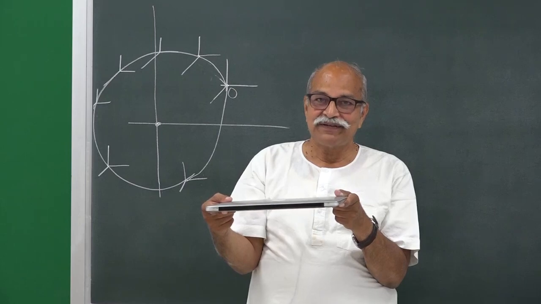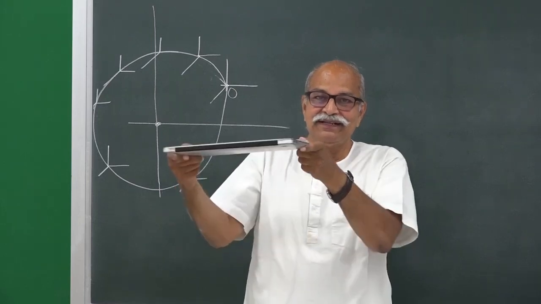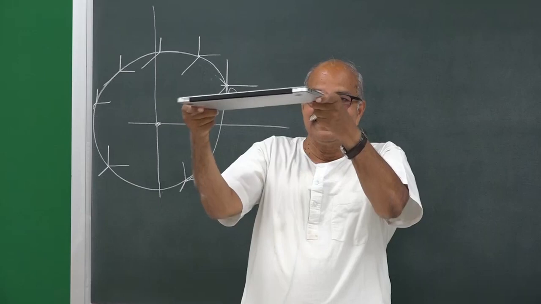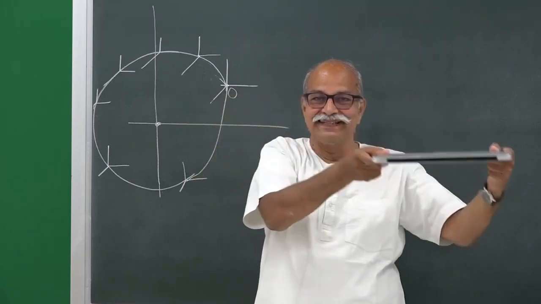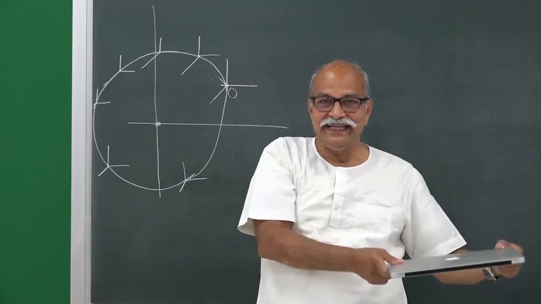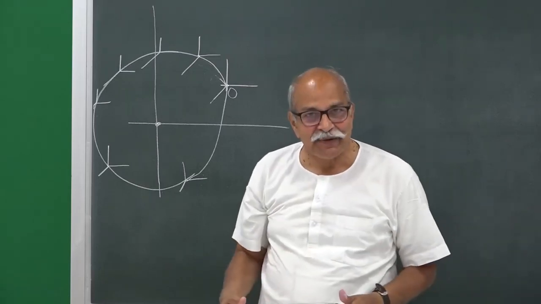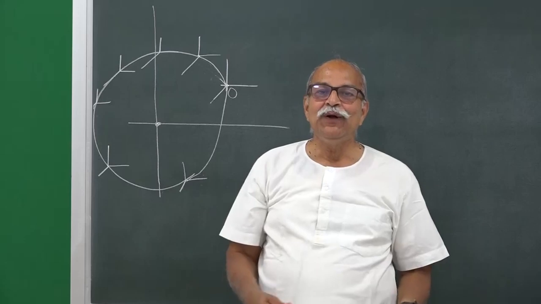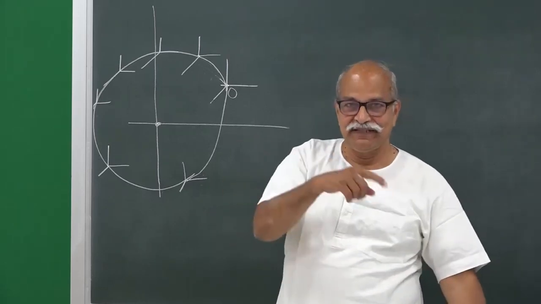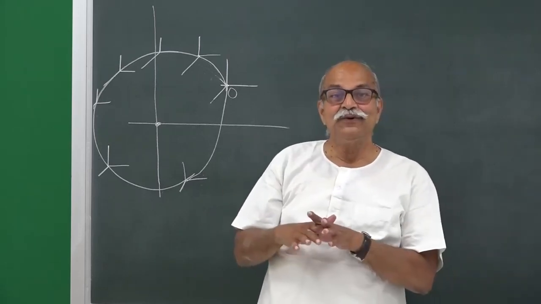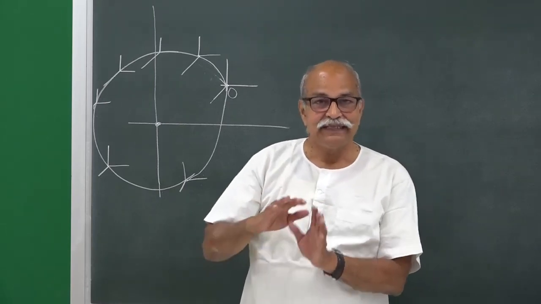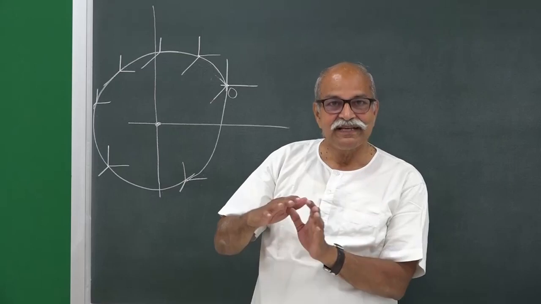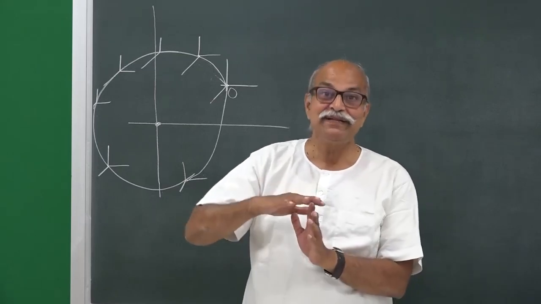Part by part, here yes, here yes, here yes. So, in any given small time interval, all the points are going in the same direction with the same speed, or they are displaced by the same amount in the same direction.